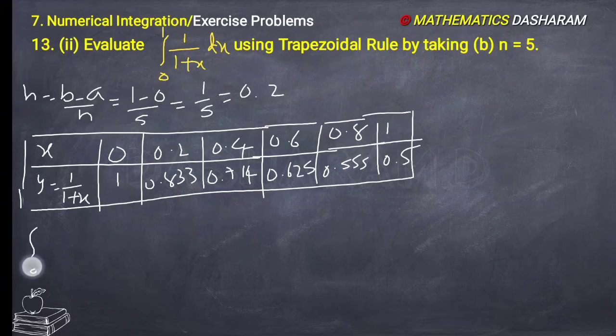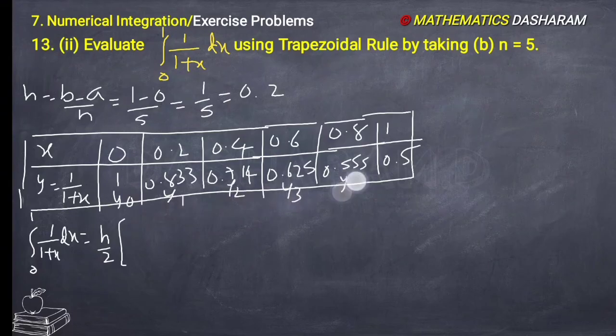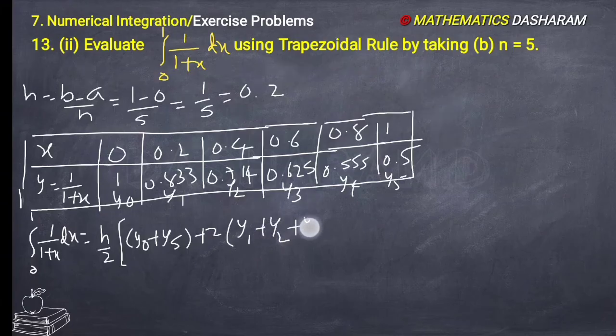So integration 0 to 1, 1 by 1 plus x dx equals, the formula is h by 2 bracket of, here first denote with y0, y1, y2, y3, y4, y5. So y0 plus y5 plus 2 into sum of the remaining ordinates, y1 plus y2 plus y3 plus y4. So it is equals to, substitute values in this.